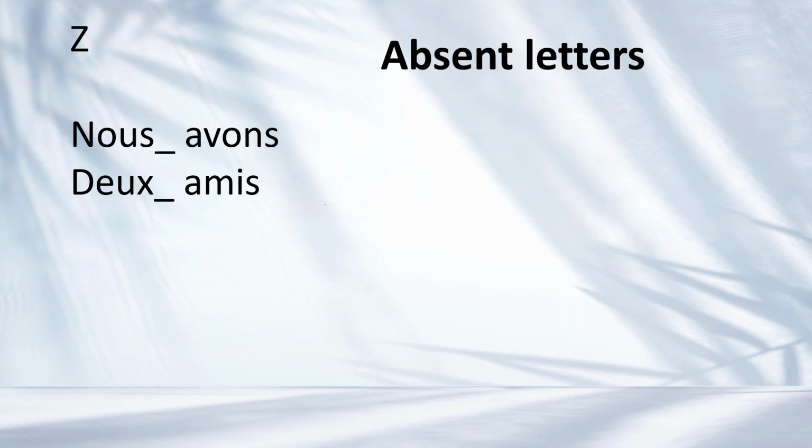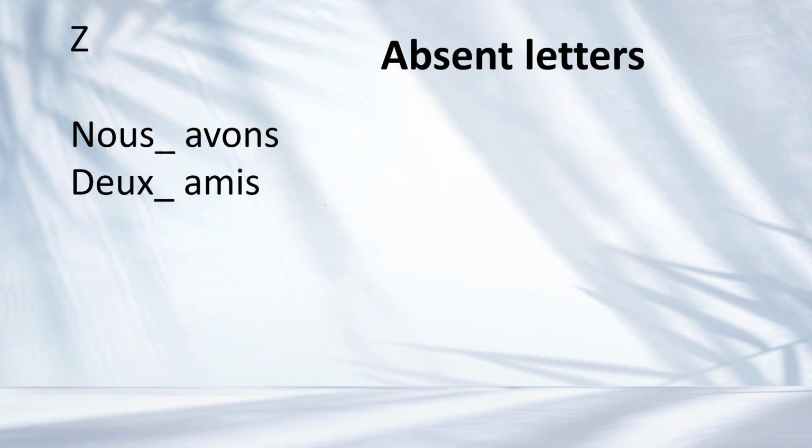We're going to say nous avons, but we do not see any Z, but we do hear it, okay? So nous avons, we're going to have that sound, and each time you have a liaison, you can put that little sound here to remind you that there's a link between those two words. Deux amis, deux amis.